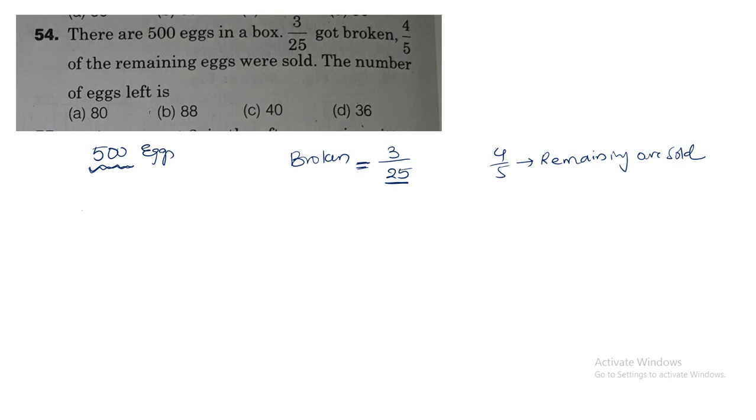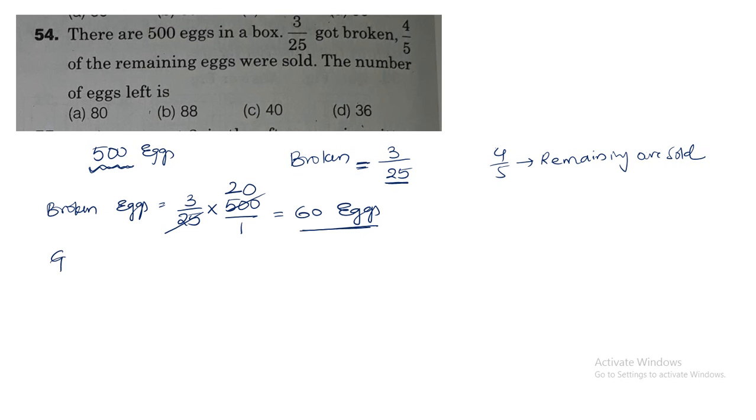So broken eggs is equal to 3 by 25 into total number of eggs. The total number of eggs is 500, so directly we can cancel out the numerator and denominator. 25 2s are 50, followed by 3 20s are 60. So totally how many eggs are broken? 60 eggs were broken, right?